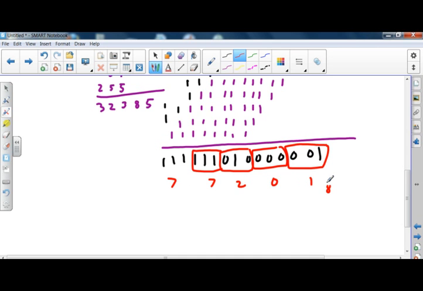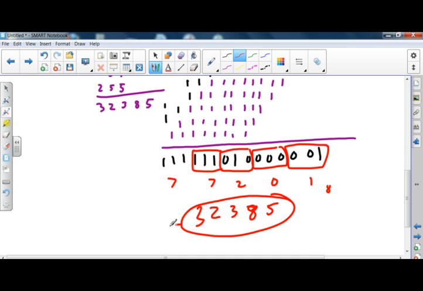Okay, so we're going to put in our calculator 7, 7, 2, 0, 1, second function base, type octal, second function base, change to decimal. Alright, and I get a 2, 3, 2, 3, 8, 5, which is exactly what I got there.